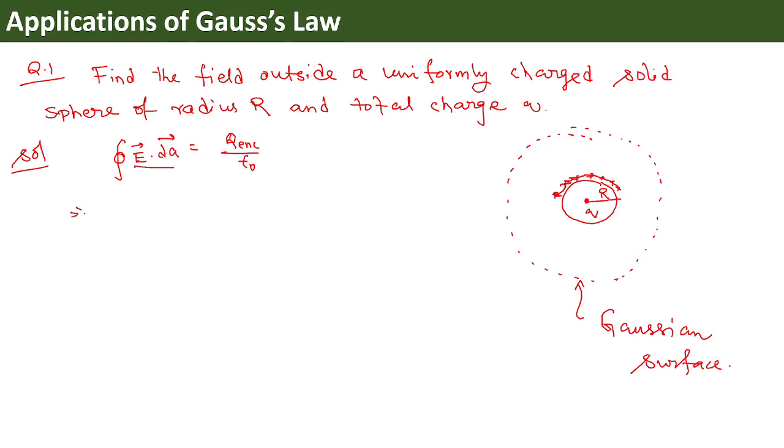So, I can right away write it to be E dA, and here I am writing Q upon epsilon naught. The electric field can be taken outside the integration sign because this is an integral of dA, which does not depend upon the electric field.